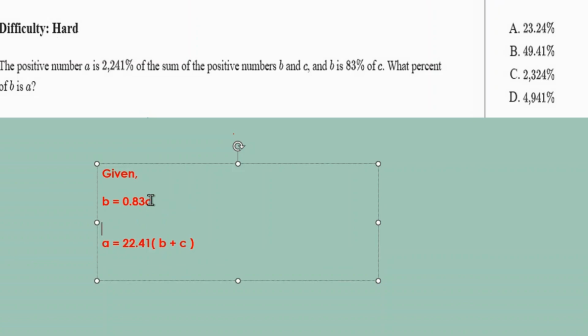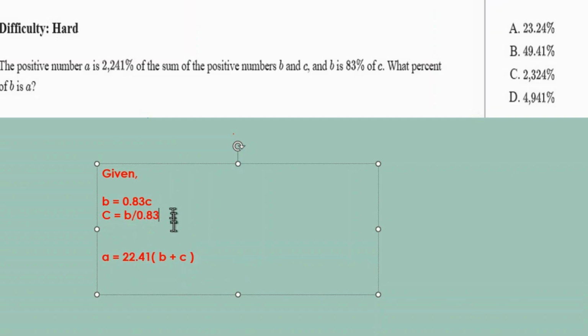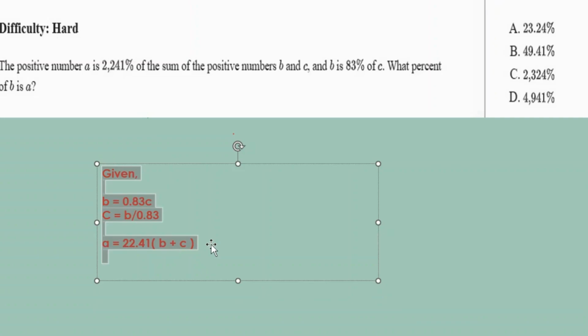So what turns out is C is equal to B over 0.83, and since we got that, we are going to use that equation here.